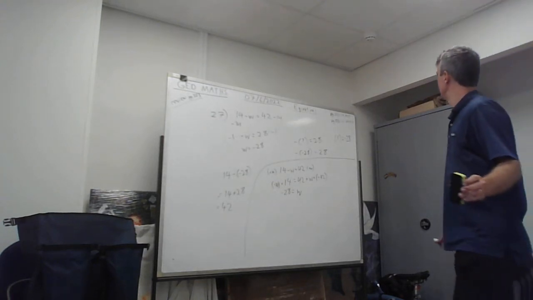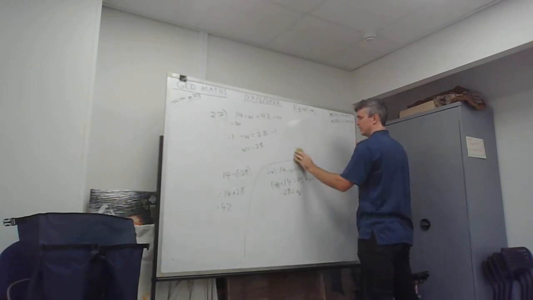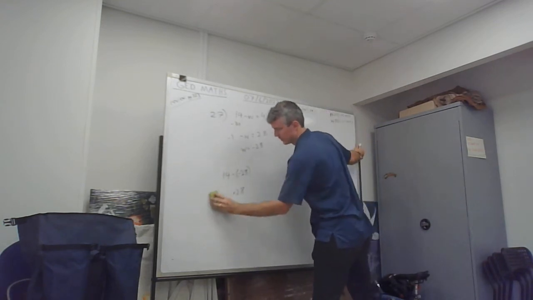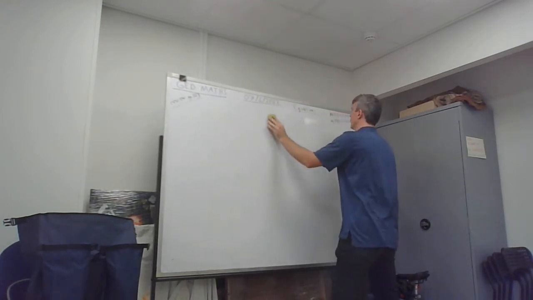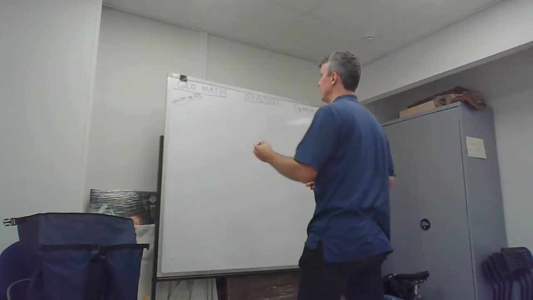Alright, 27. Let's do some word problems then. This will be good practice. Let's see. The first one is number 29. Oh, we have a table.